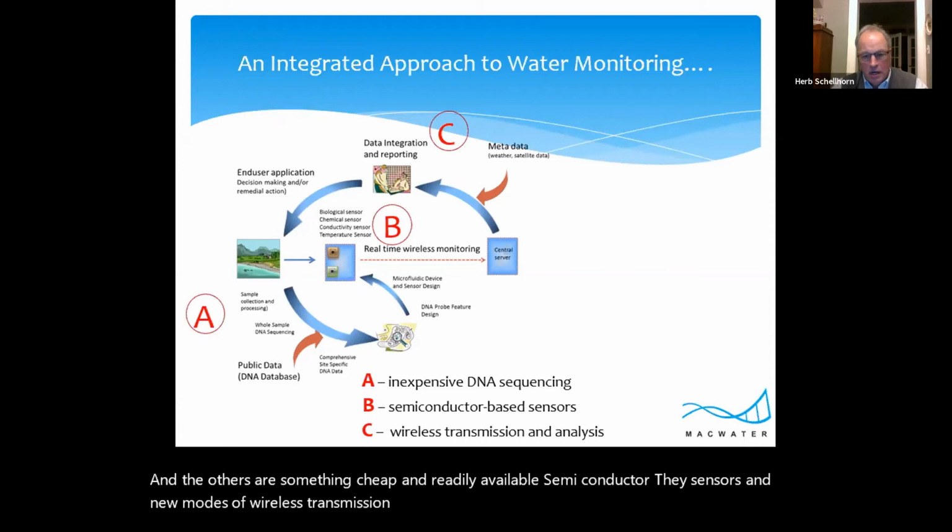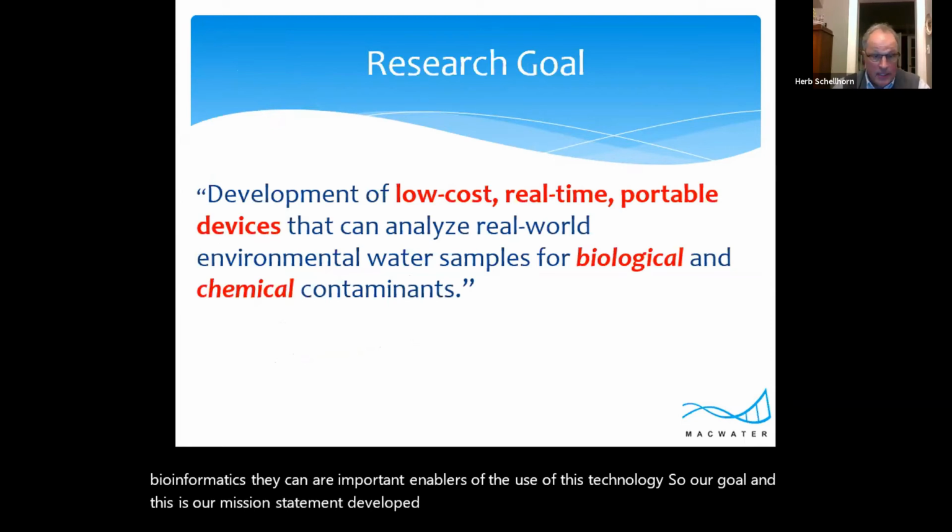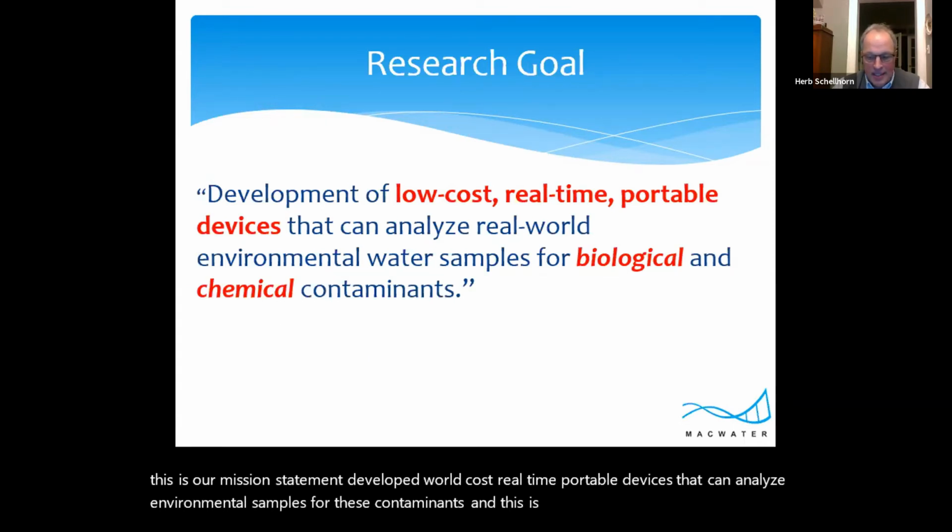While these aren't, strictly speaking, bioinformatics, they are important enablers of the use of this technology. So our goal, and this is our mission statement, is to develop low-cost, real-time portable devices that can analyze environmental samples for these contaminants. This is what is needed, and lots of people are working on this.